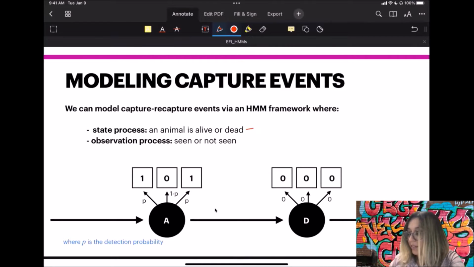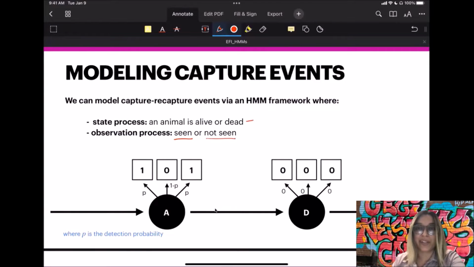And the observation process is: is the animal seen or is it not seen? Taking inspiration from a graphical structure I saw in one of Olivier Jimenez's presentations, we don't know if it's alive or dead, but the latent process is that it's actually alive.